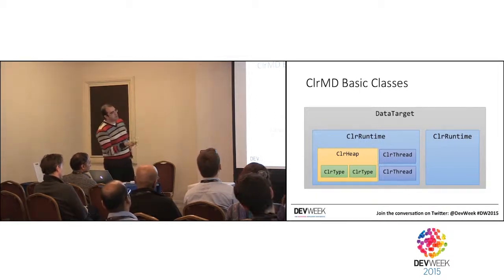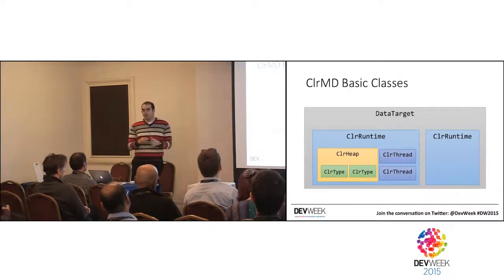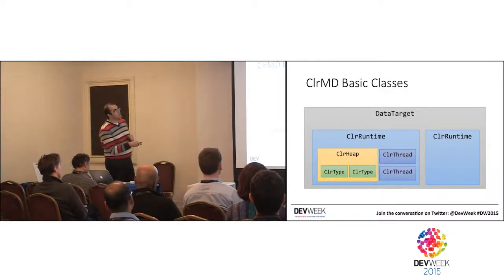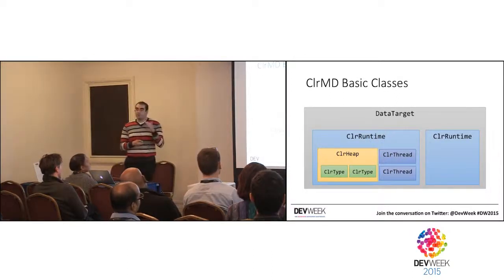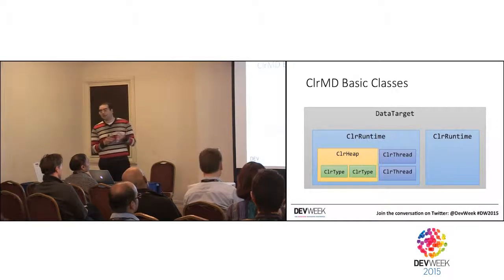So the key types, we've got the DataTarget class, which represents a dump file or a live process, which you are attaching to. Inside the data target, you have CLR runtimes, which represent different versions of the .NET framework, versions of the CLR, the Common Language Runtime, that you have loaded in that process. In most cases, you only have one version of the CLR in one process.